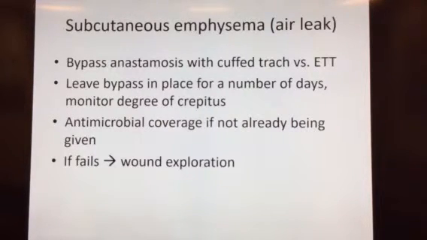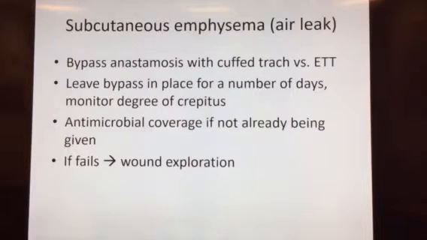So you have a cuff below the area that's leaking, and your endotracheal tube will bypass the anastomosis and go straight from your lungs out to the mouth. Or your trach would go from the lungs out to the outside world. You leave that bypass in place for a number of days, anywhere from 3 to 5 to 7, depending on how things are going.